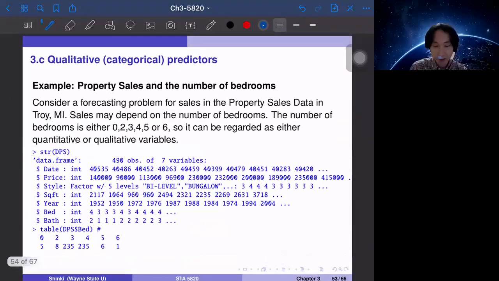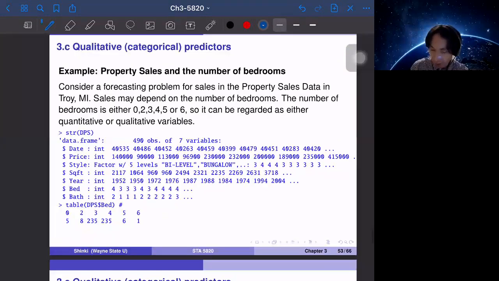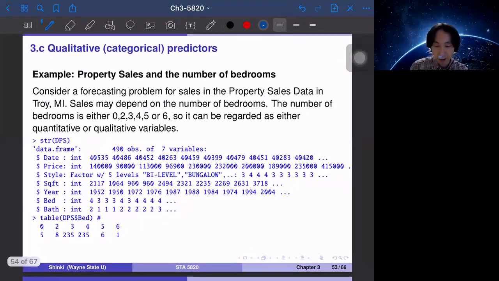Okay, now we go to section 3.c, the qualitative predictors. In short, the point is that for predictors, it does not matter even if it's a categorical variable. If we have a different type of y, the regression model should be totally changed, because even simple linear regression has an assumption on the error term.